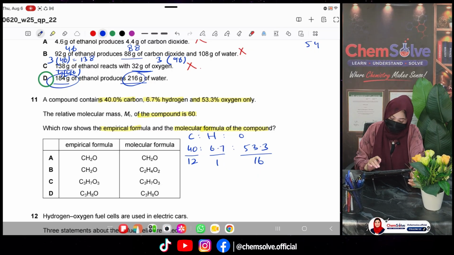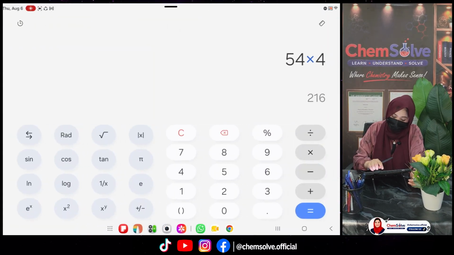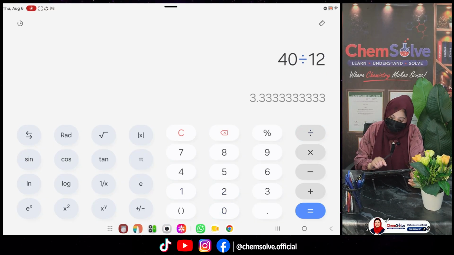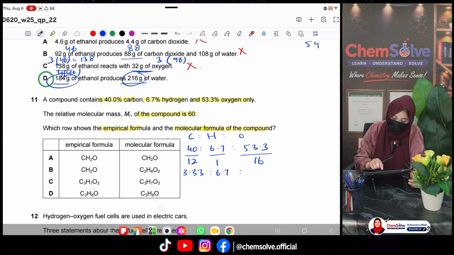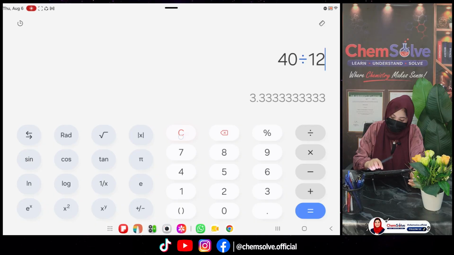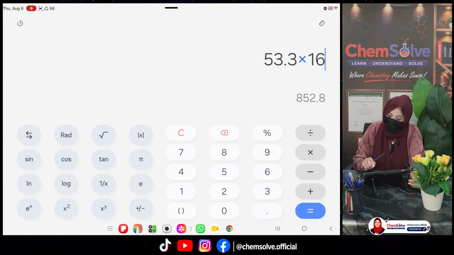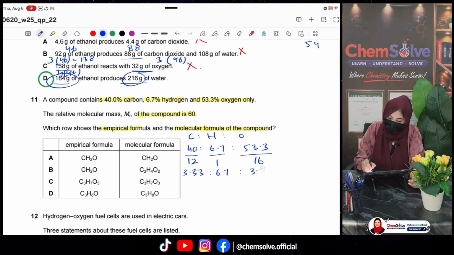So let's see what the answers are. 40 divided by 12 is 3.33. Then 6.7, and 53.3 divided by 16 is 3.3 as well.